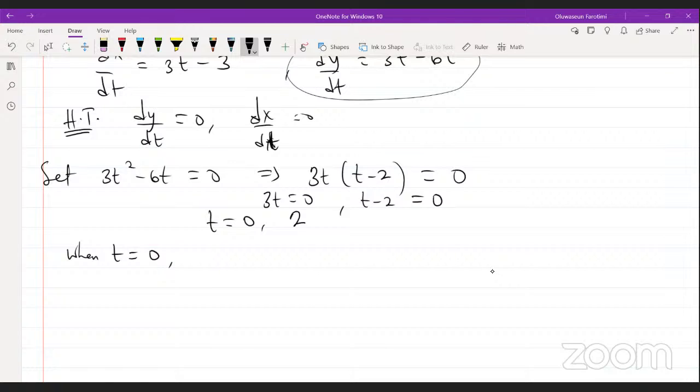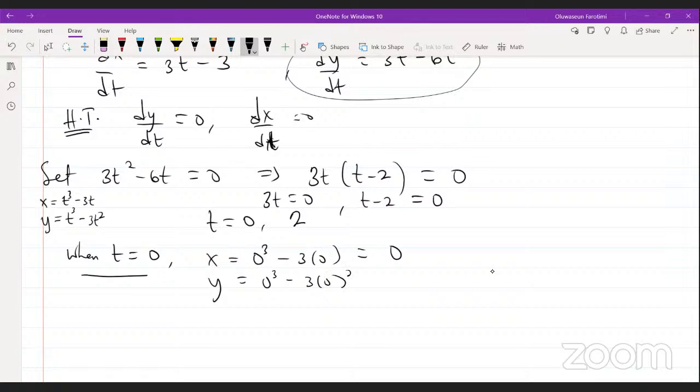Remember, y was equal to t cubed minus 3t squared, and x was equal to t cubed minus 3t. When t equals 0, what is the value of x? X is 0 cubed minus 3 times 0, which is 0. Y is 0 cubed minus 3 times 0 squared, and that is also 0. So that means you have your first pair, (0, 0).